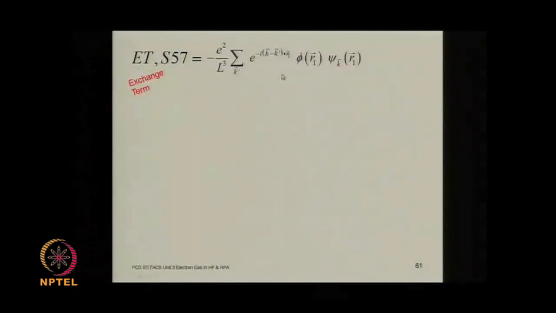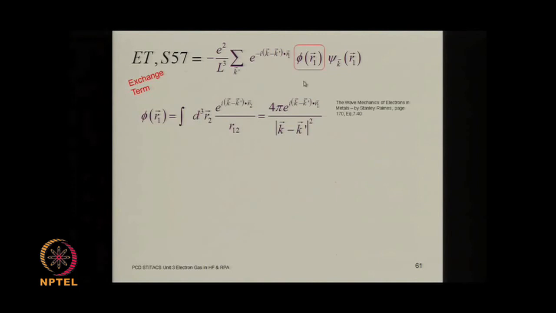Okay? So, this is the result that we have got, and we have essentially written the exchange term in this form. The exchange integral is packed inside this phi, as you can see, and if you now look at this function phi, it is this integration over this.